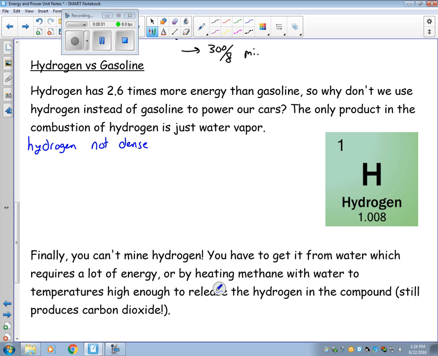So, in fact, hydrogen is roughly 10 times less dense than gas. So what that means is we need to store it as a compressed gas. So we need to take the gas, we need to increase its pressure. Now, when you compress it, you lose energy.